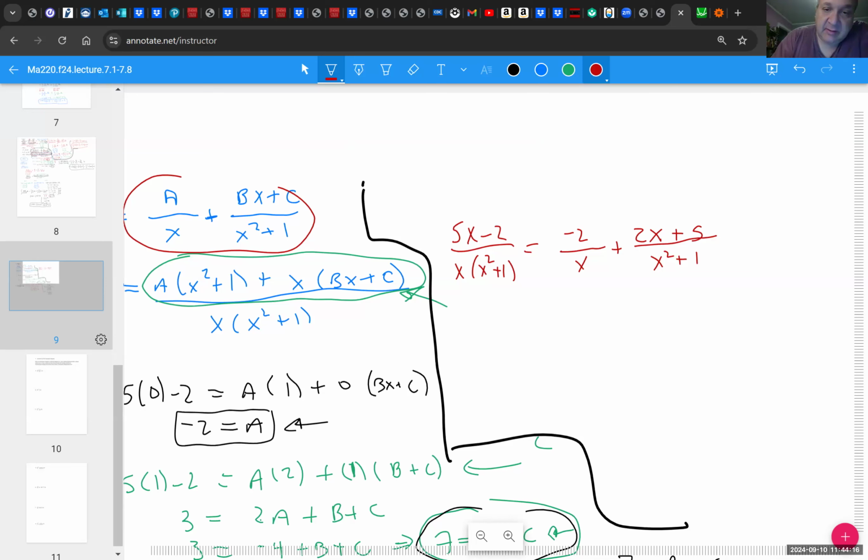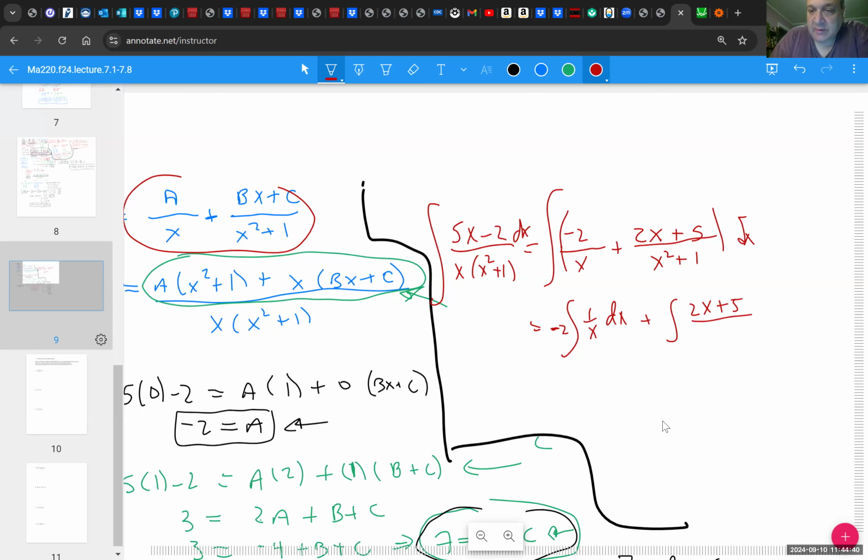Okay, so the integral of this thing dx is the integral of this thing dx. And then we're going to break this up. We're going to break it up into the integral of -2 over x. I'll bring the -2 on the outside. This is 1 over x dx. And we're going to take the integral of 2x plus 5 over x squared plus 1 dx.